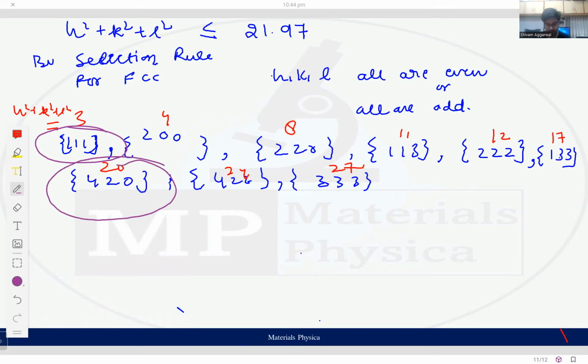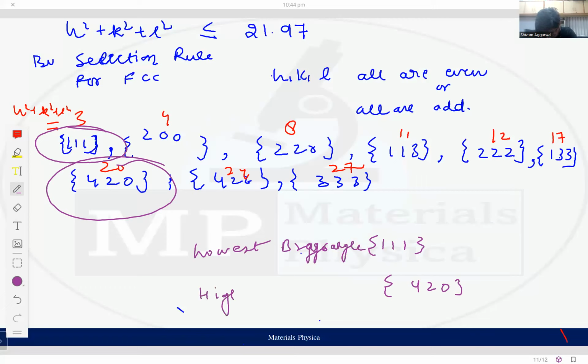It means 420. So from the 111 family and the 420 family, we will get the lowest and the highest Bragg angle. For 111, I will get the lowest Bragg's angle, and from 420 I will get the highest Bragg's angle.